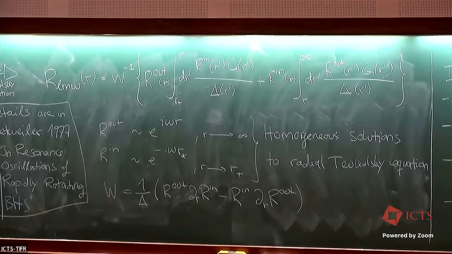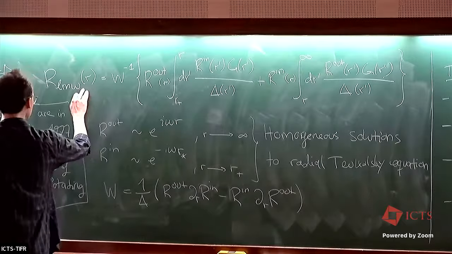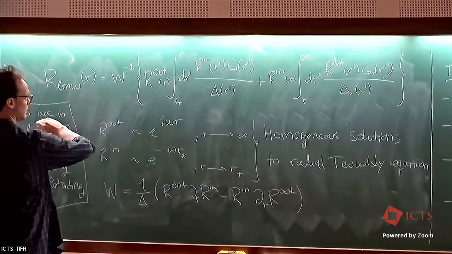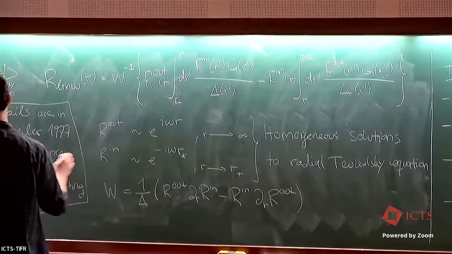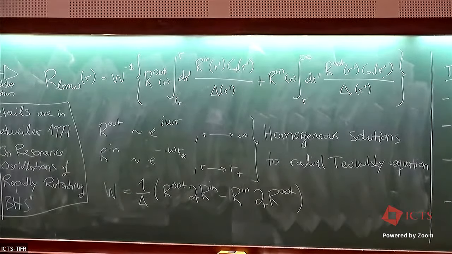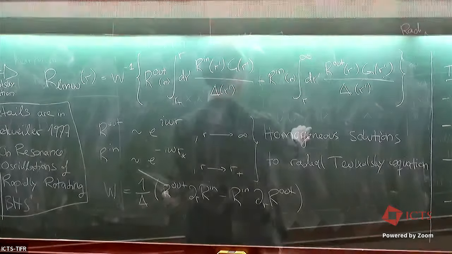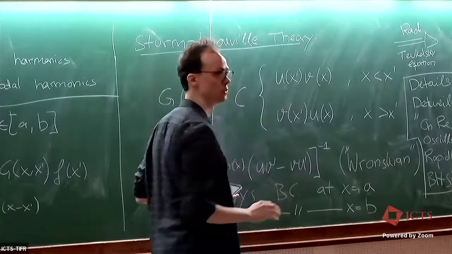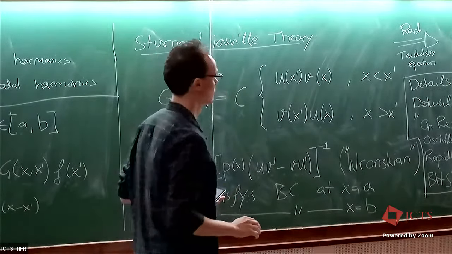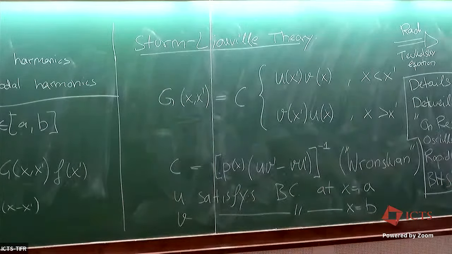Okay? And so then the inhomogeneous solution, so the particular solution to our sourced radial Teukolsky equation, is just this convolution of a Green's function times the source. And the Green's function has this particular form, where you have this product of the two homogeneous solutions. And that's exactly what we have over here, right?